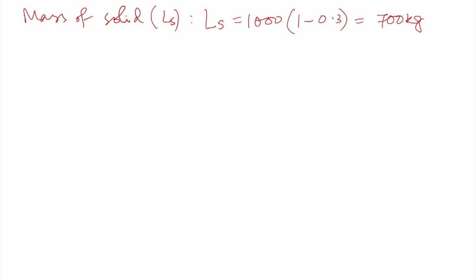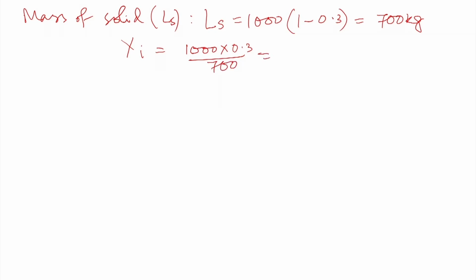Okay. Then whatever the xi will be, out of this, the moisture is 30%. So this will be 1000 into 0.3 divided by 700.